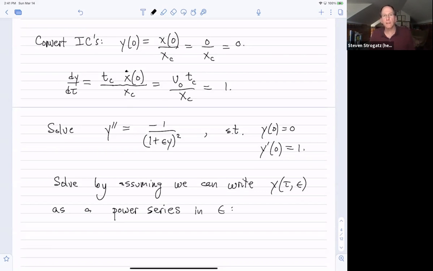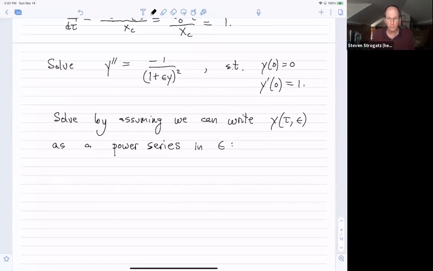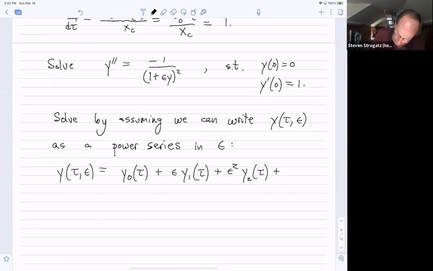So that's the most basic thing that you could do in perturbation theory. That's part of regular perturbation theory. So we're going to write down this ansatz, y of tau and epsilon equals y0 of tau plus epsilon y1 of tau plus epsilon squared y2 of tau, and so on.